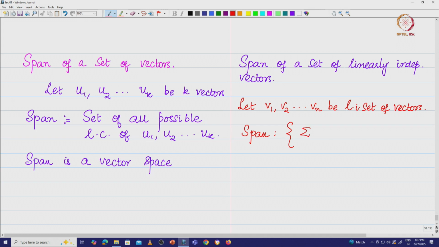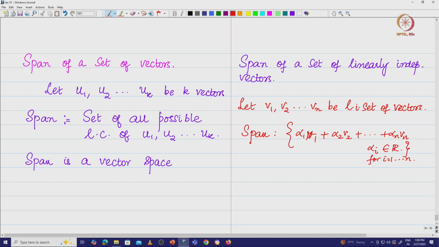So, I am going to write this as the sum of alpha i vi, that is, alpha 1 v1 plus alpha 2 v2 plus etc. plus alpha n vn, with alpha i a real number, for i equal to 1 to n. So, this is basically the set of all possible linear combinations of v1 to vn.